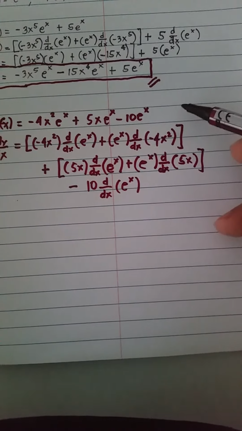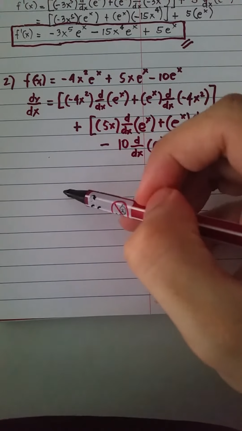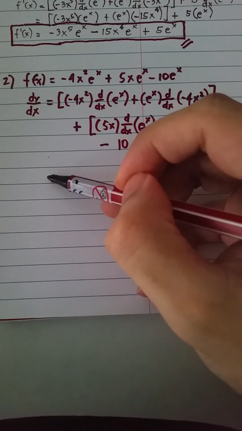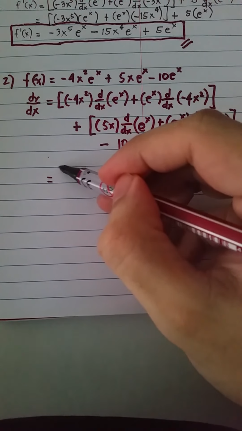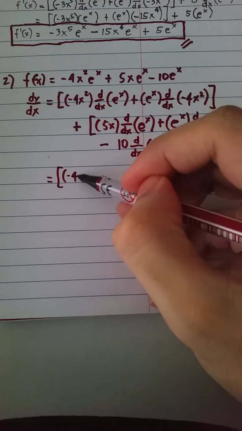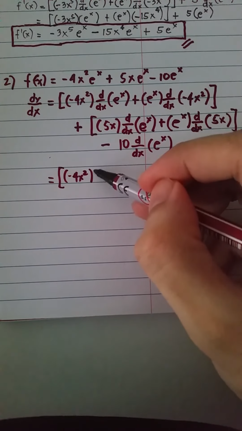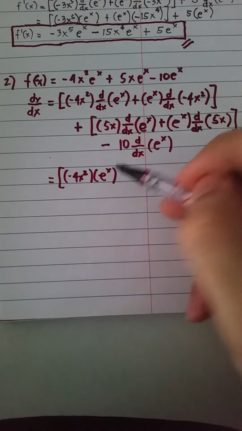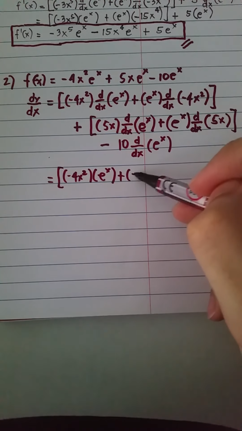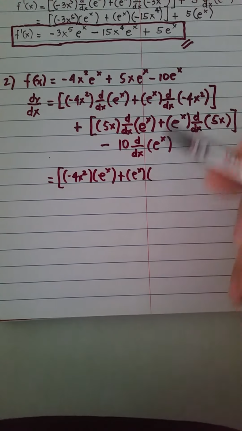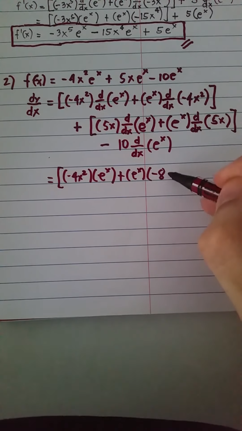Alright, so if we multiply, so this is negative 4x squared times the derivative, which is e to the x. Next is plus e to the x, and the derivative of this is negative 8x.